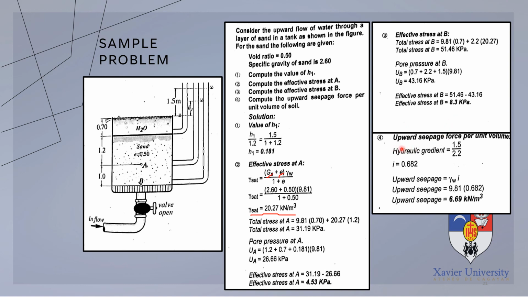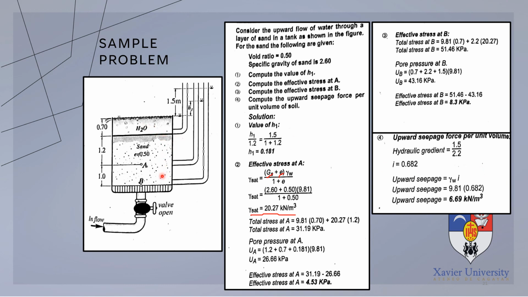The last one, we are asked to solve for the upward seepage force per unit volume. The upward seepage force is basically equal to i times gamma water, as we have previously discussed in our previous slides. So we just have to solve for the hydraulic gradient, that is 1.5 divided over the length of our soil, or the length of our flow.